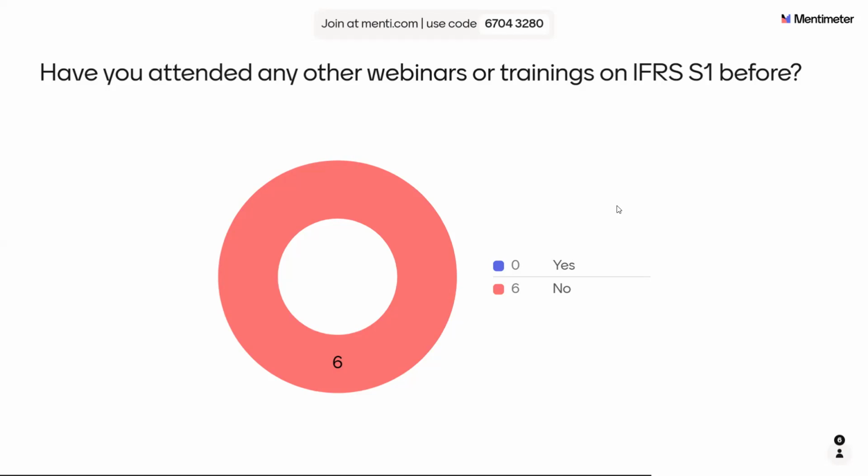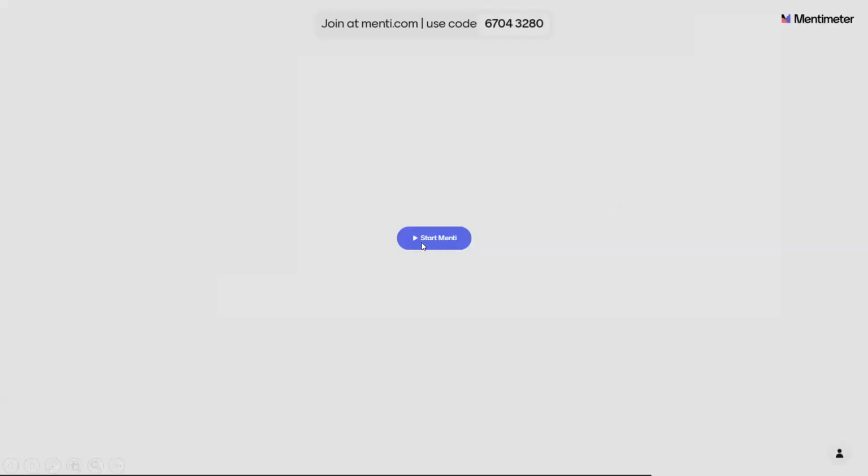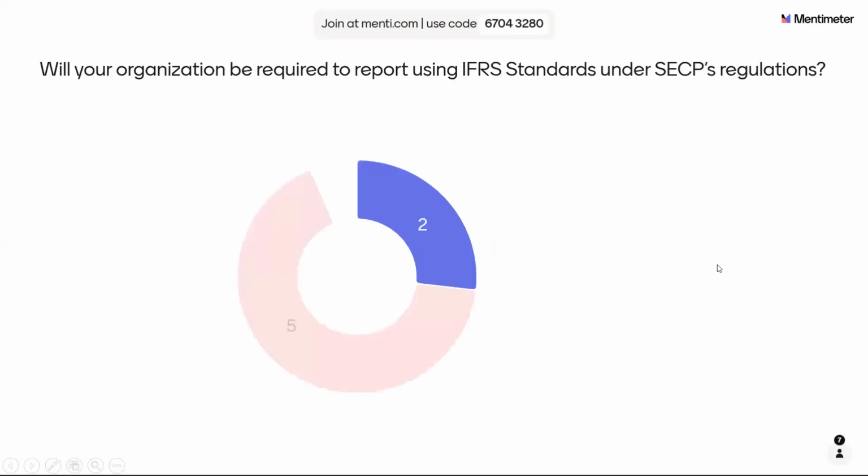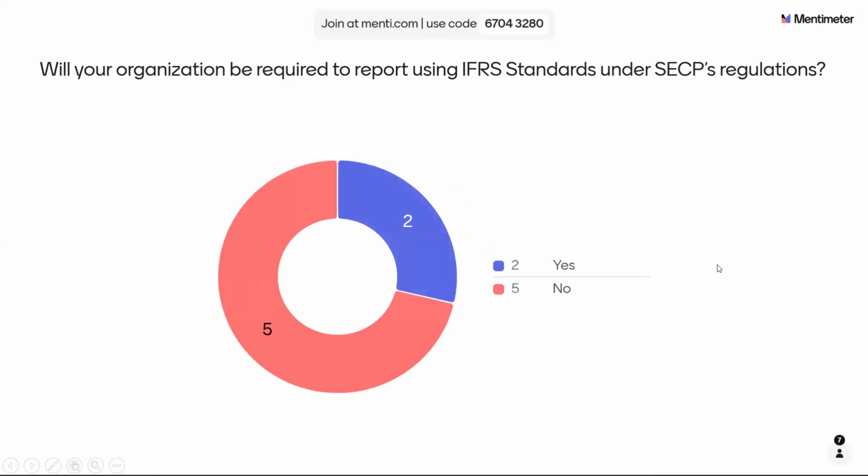Okay, we'll move on. And lastly, is your organization expected to be reporting in the fiscal year 2025? Because SECP, like everyone knows, has adopted the S1 and S2 standards. So there are two people saying yes.